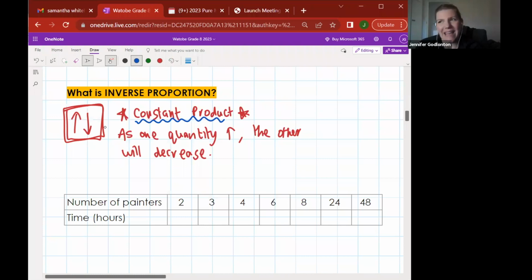So let's say it takes one person 36 hours to paint. How long do you think it would take if I had two people?